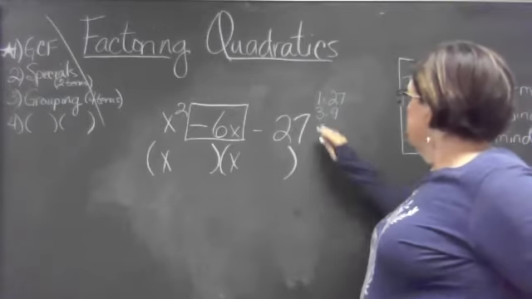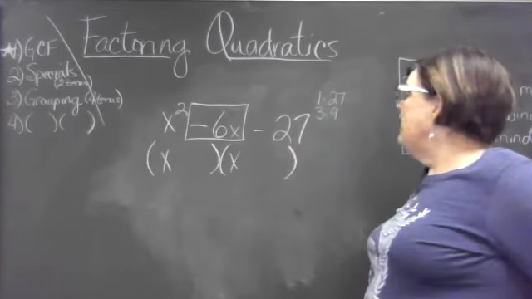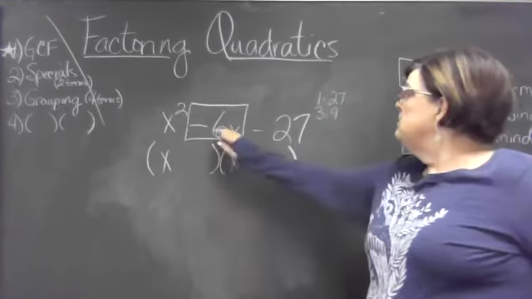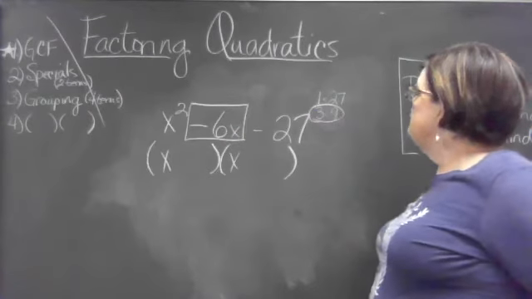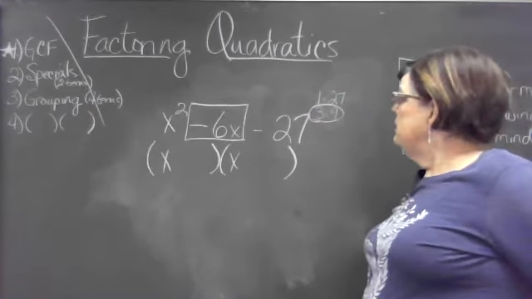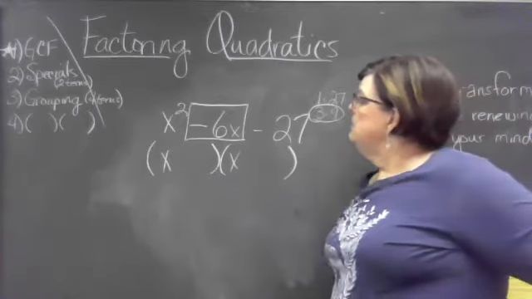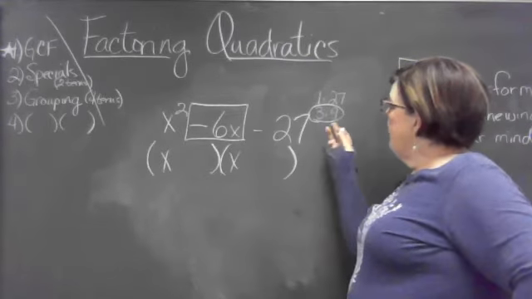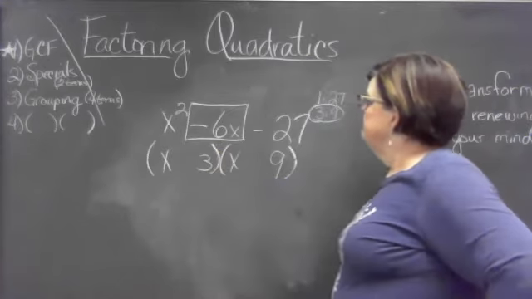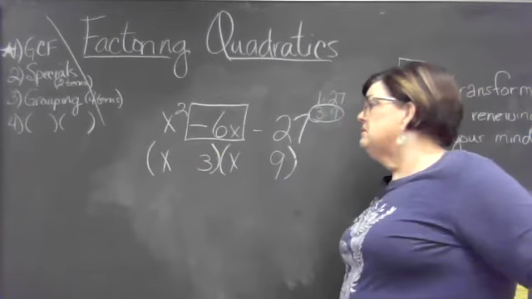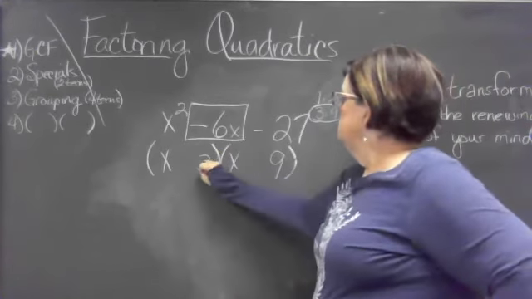Now I need to look at each pair and decide if it will add or subtract to get me a 6. So we see that 3 and 9 is the pair we're going to work with. Since the front is identical, it really doesn't matter where these go. Now we're going to test it to decide on the signs.